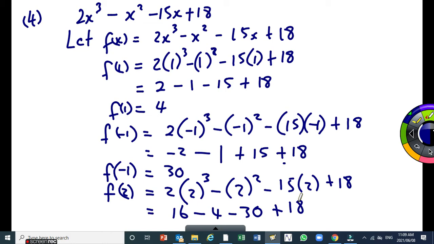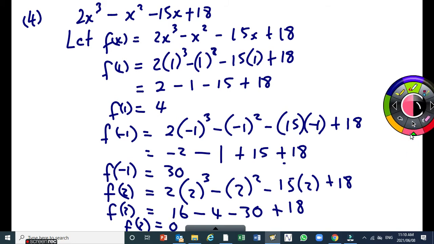Let's check this: it gives me 0. So f(2) is equal to 0. Therefore x equals 2, which means x - 2 is equal to 0, which means x - 2 is a factor of this polynomial.